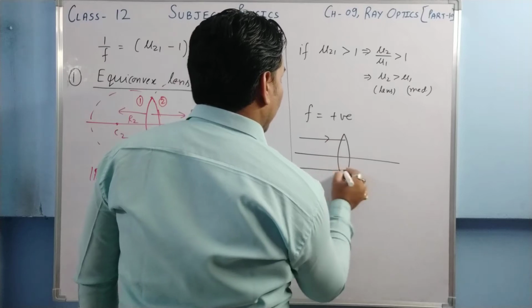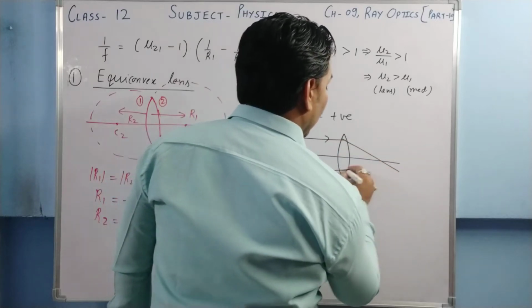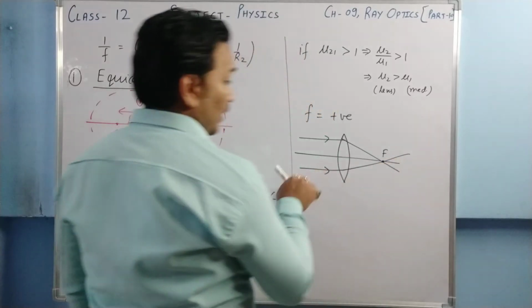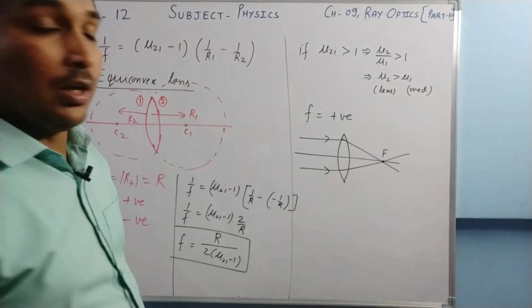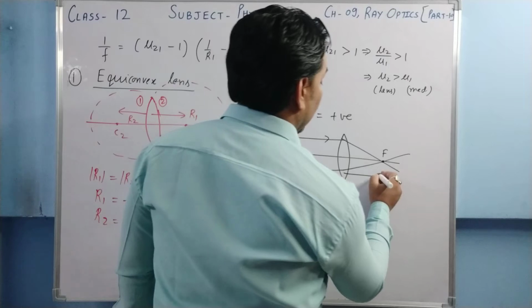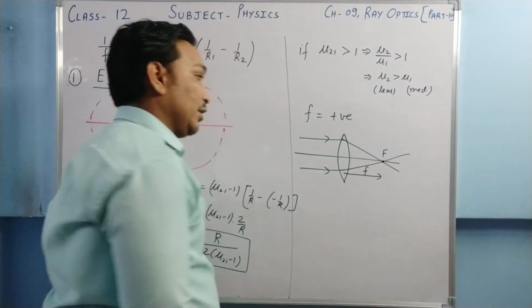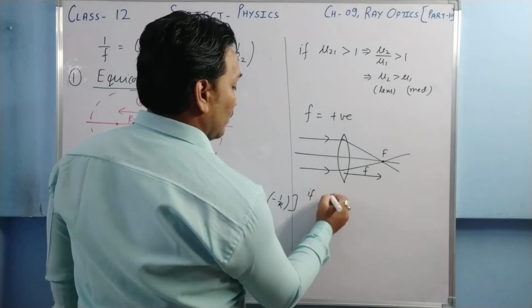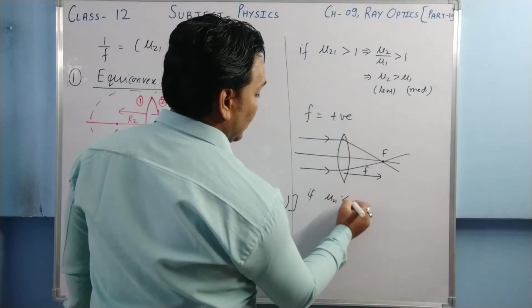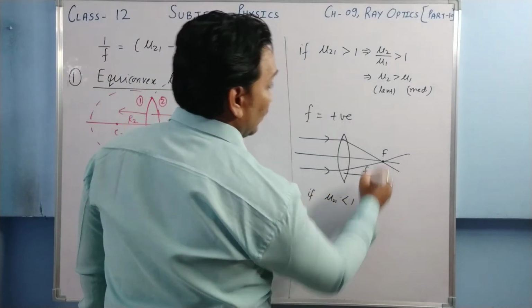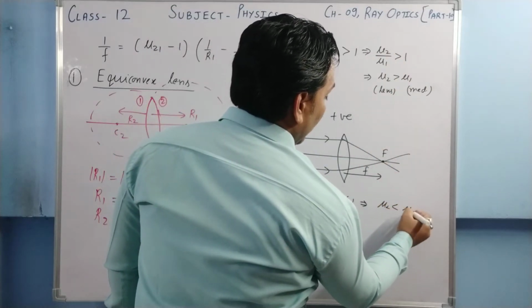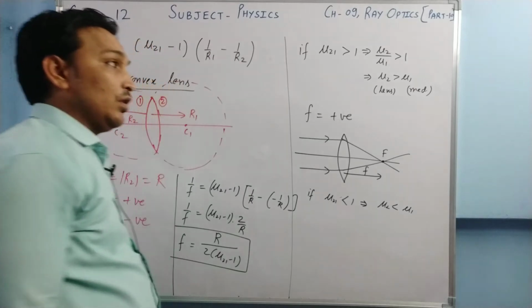If the rays are coming from infinity, they'll converge at some point, and that point will be f, and in this direction its focal length will be considered positive. But suppose mu 2 1 is less than 1, it is possible that it is less than 1, and if it is less than 1, then similarly we can say that mu 2 is less than mu 1.